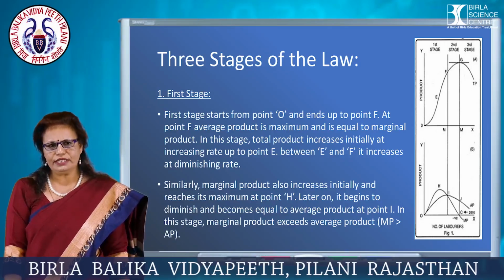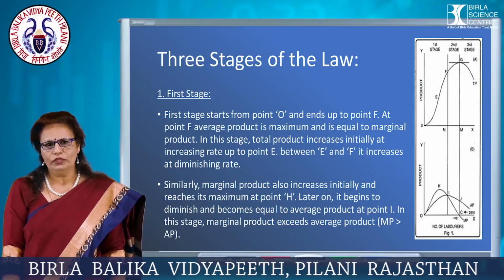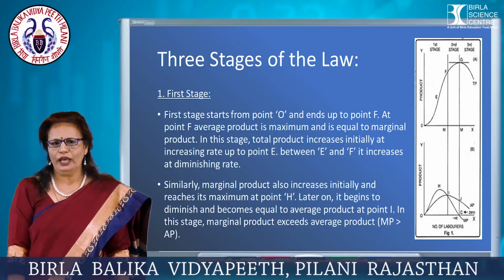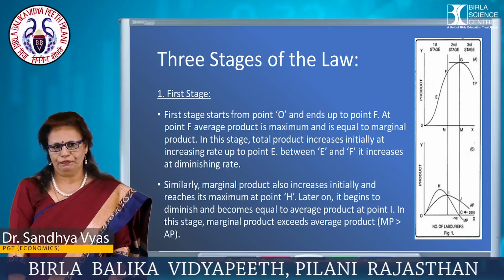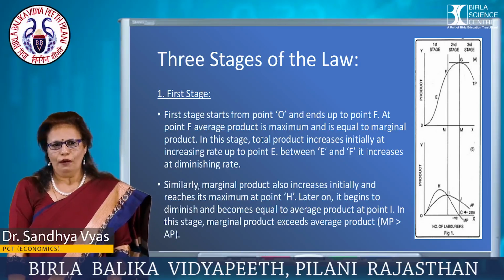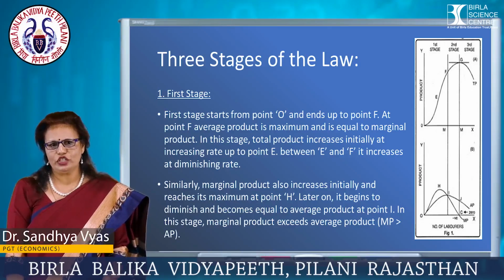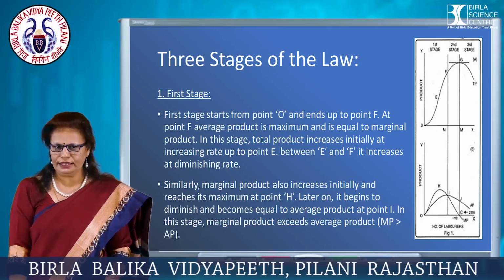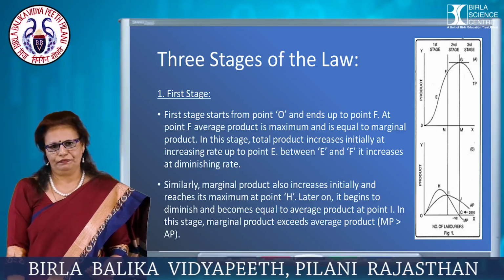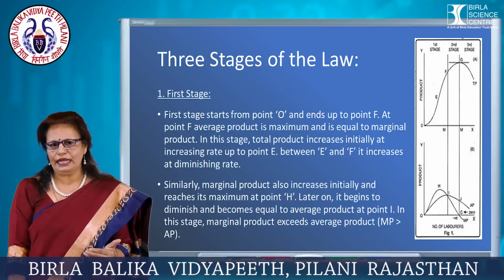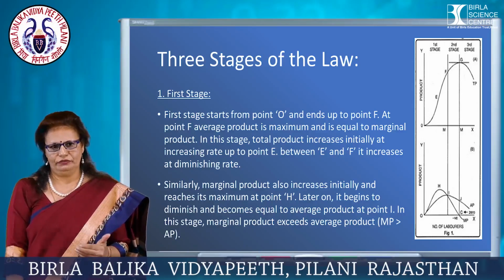That is, in the first stage it starts from 0 and ends up to F. At point F, average product is maximum and is equal to marginal product. In this stage, total product increases initially at an increasing rate up to point E, and after E up to F it increases at a diminishing rate.